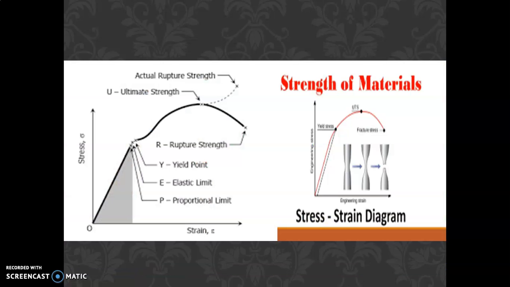Is it okay? Similarly, here you can see that on the particular specimen, if this is a dog bone shaped specimen, initially when it is loaded, when force is applied to it, then wherever the weaker section is present, there neck formation happens, and at this breaking point two separate pieces will be observed.